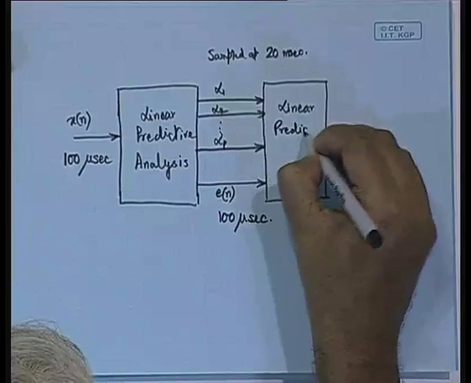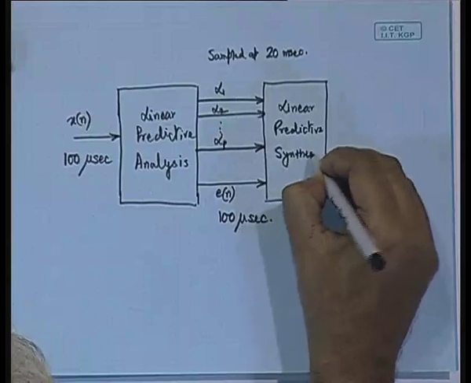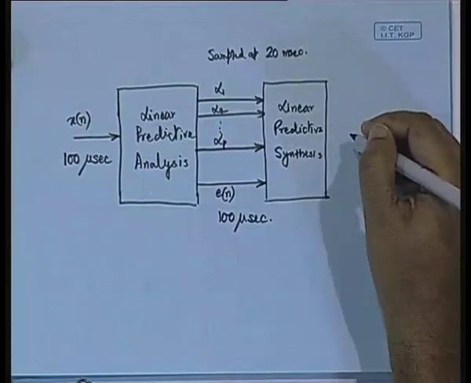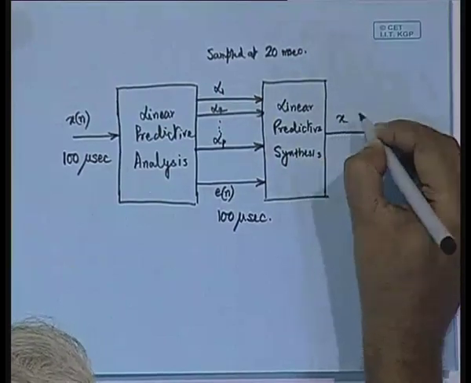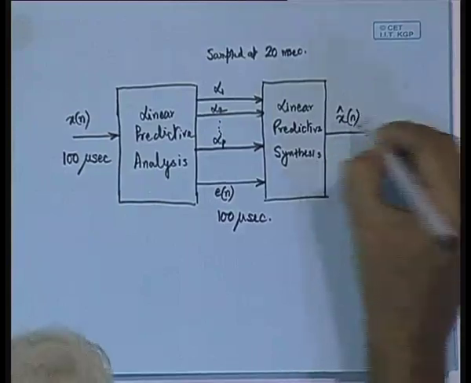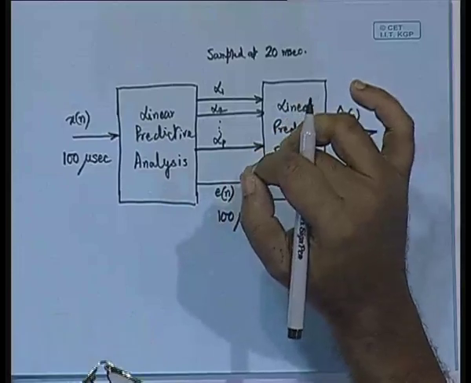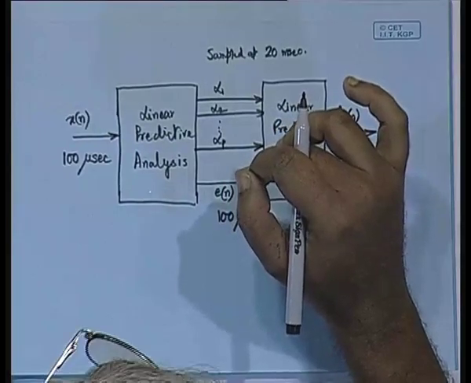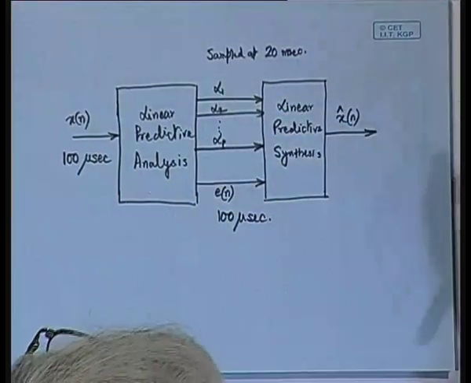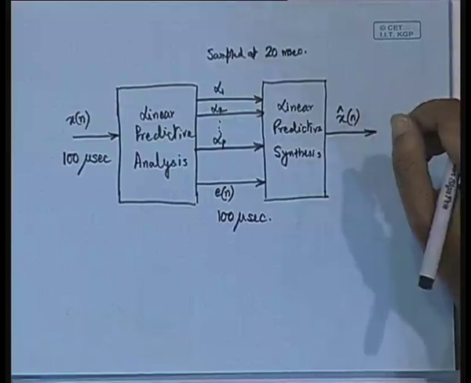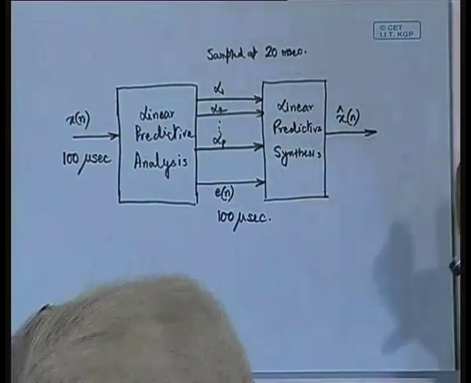This corresponding block at the decoder we call linear predictive synthesis, and it is going to generate what we can call x cap of n. Why x cap? Because again alpha 1 to alpha p are somewhat our estimates which are based on the speech model, and the estimate may not be exact, and that is why the reconstruction x of n will not be exact. So we call it x cap of n, right.